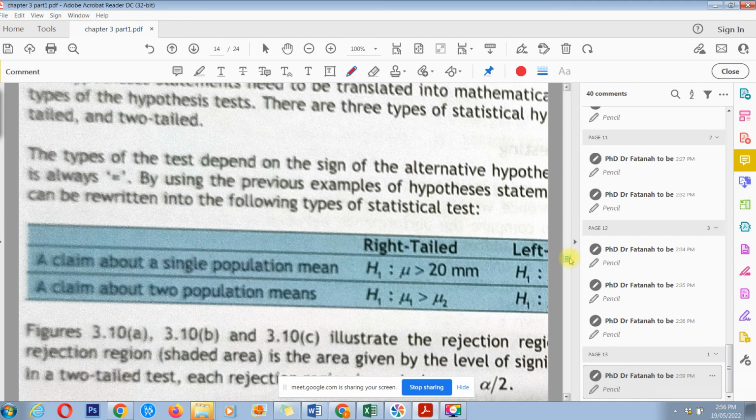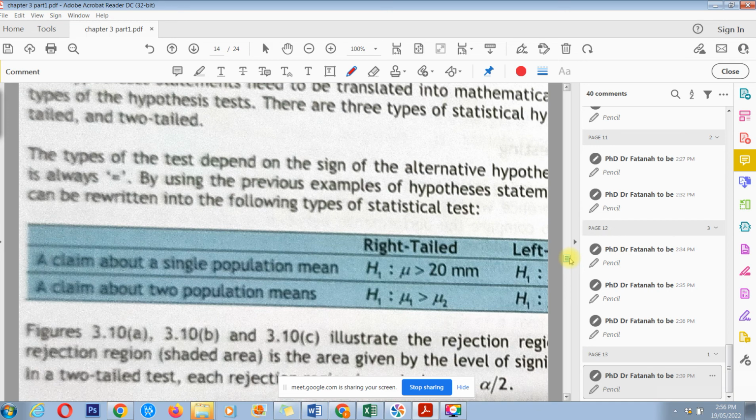We have a statement for the hypothesis, and in another example we have a symbol which we use for the null hypothesis. H null: mu equals 20 mm, and H1: mu not equal to 20 mm. So we can use both.